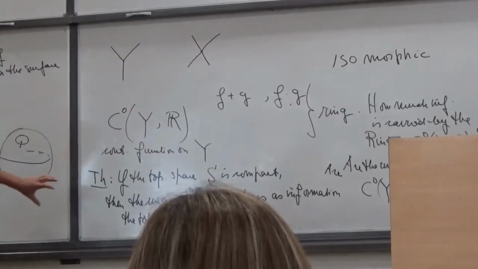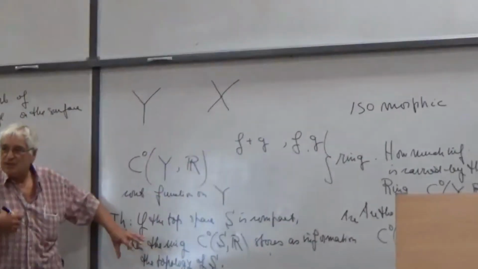So the ring of all continuous functions is rich enough to restore the topology.